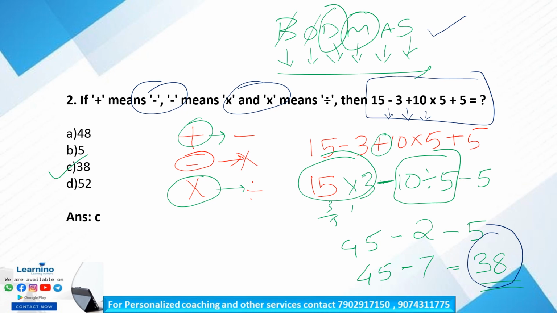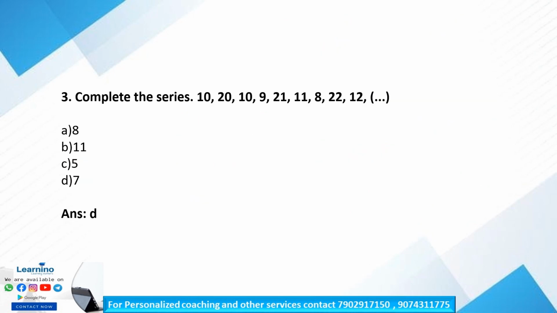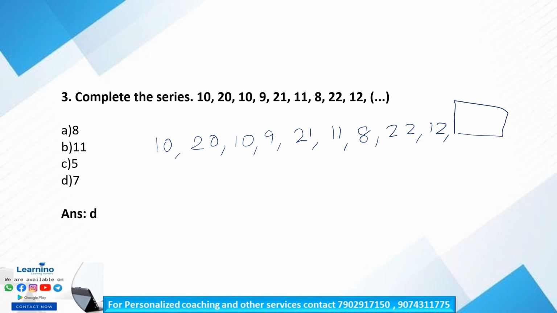Question number 3. Complete the series 10, 20, 10, 9, 21, 11, 8, 22, 12. So we have to find this number, right? By looking at the series, it is like a mixture of numbers.